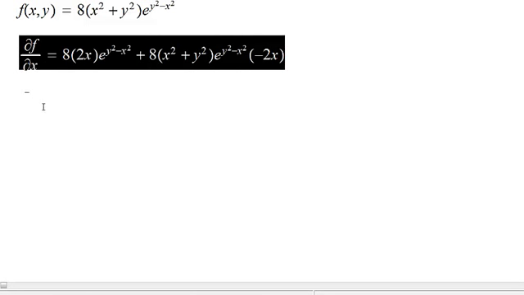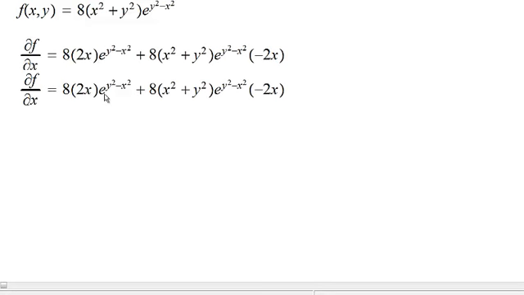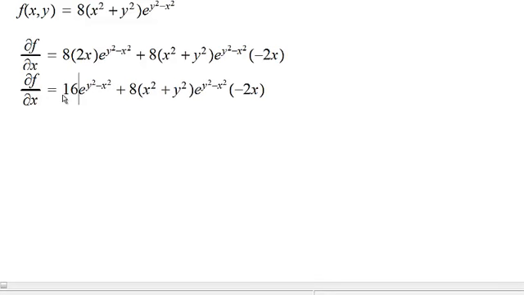Then we will go further and simplify it. So what do we get here? We get 16x, right? And here we are going to get negative 16x and this quantity. Are we good so far?